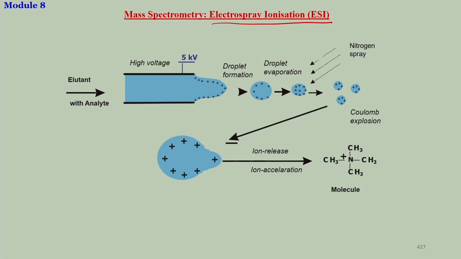Electrospray ionization is the most commonly used mass spec technique. In short, it is called ESI, electrospray ionization. Obviously, the name suggests that you are forming ionized particles by spraying electrons.